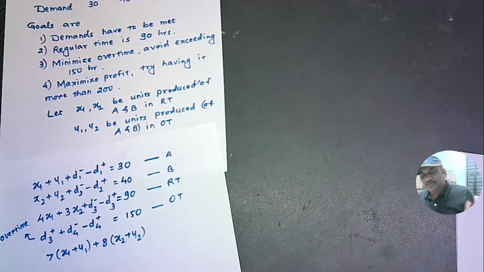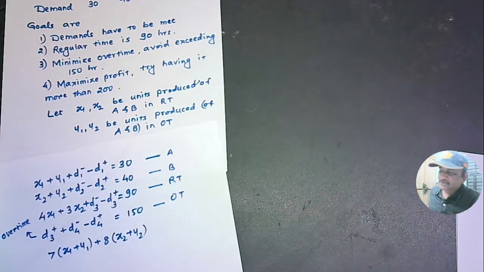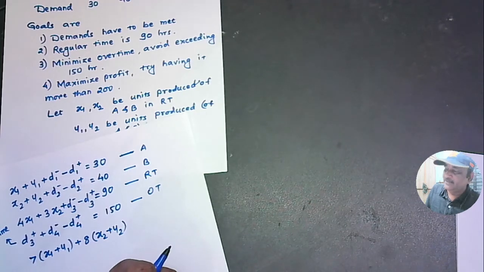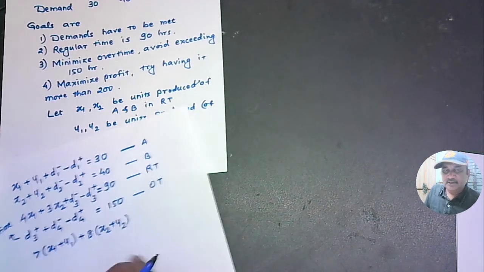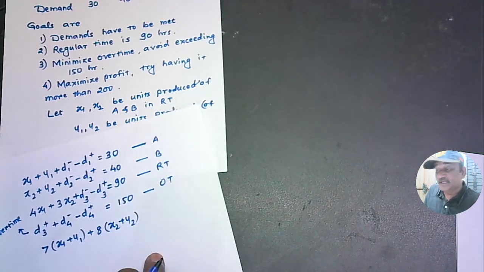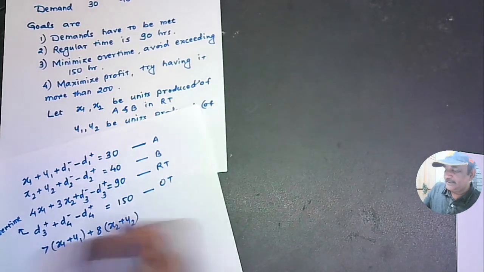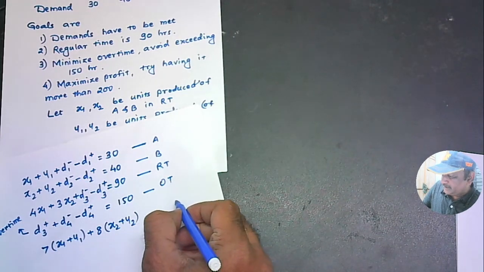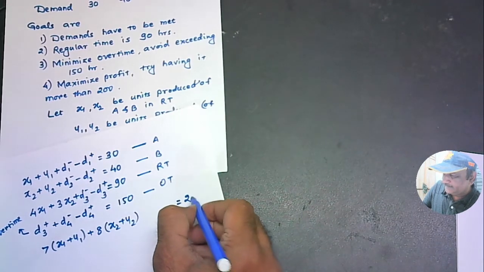But the profit figures I'm considering are given as an average profit, irrespective of whether the product is produced in overtime or regular time. So here I am taking it this way, and this is to be equal to 200.